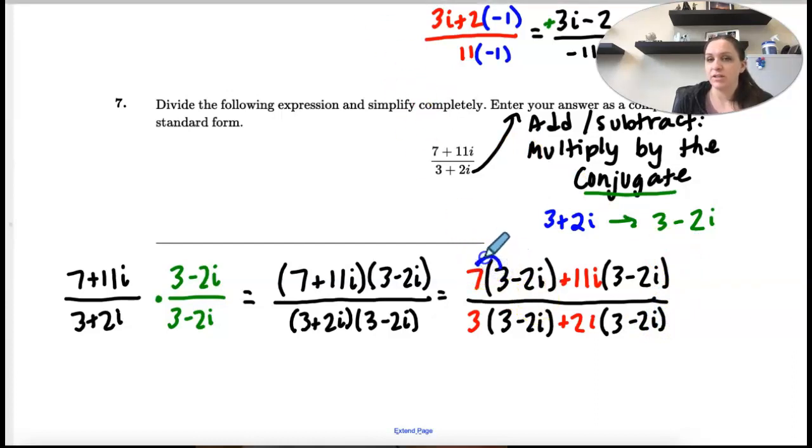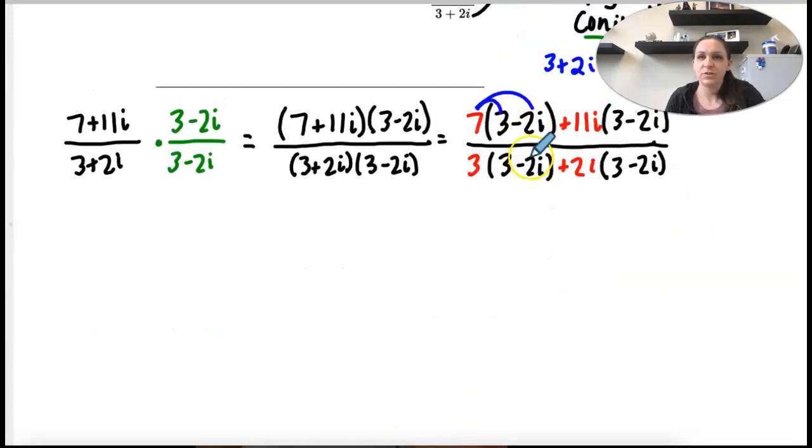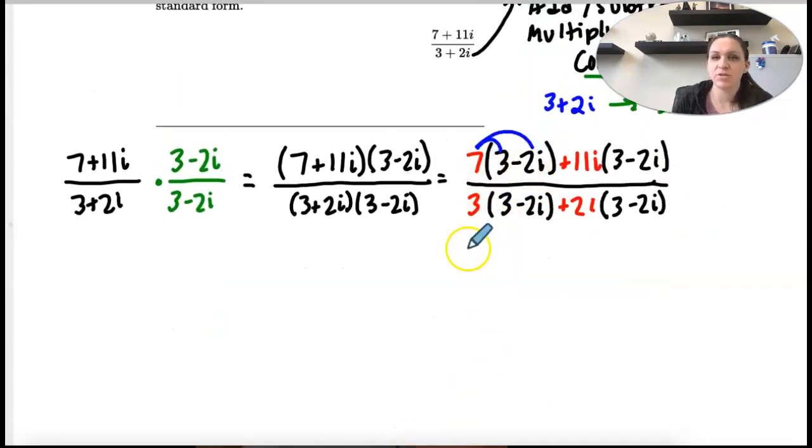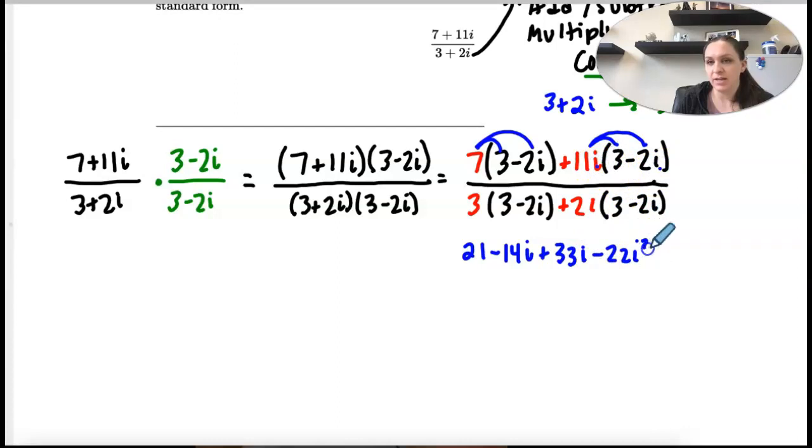7 times 3 is 21. 7 times negative 2 is negative 14, and then we have an i. 11 times 3 is 33, and then we have an i. 11 times negative 2 is negative 22. i times i is i squared.